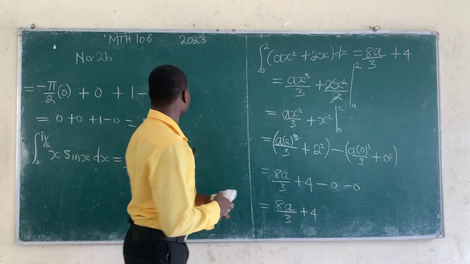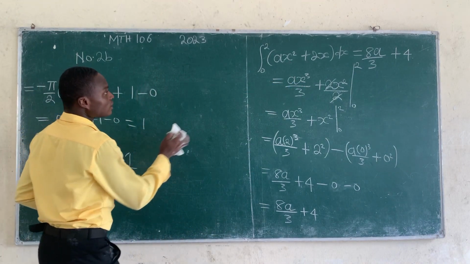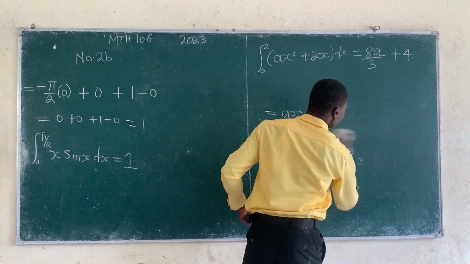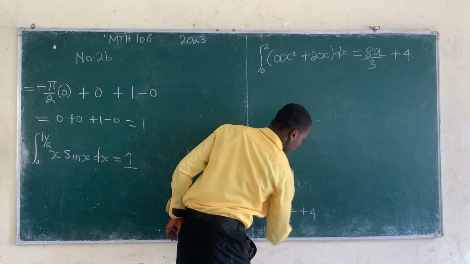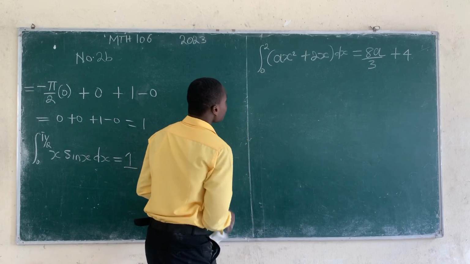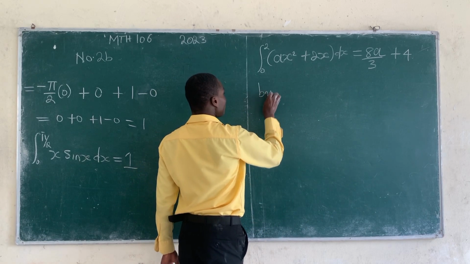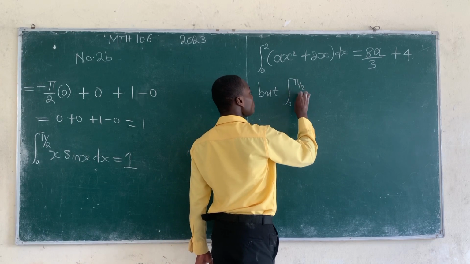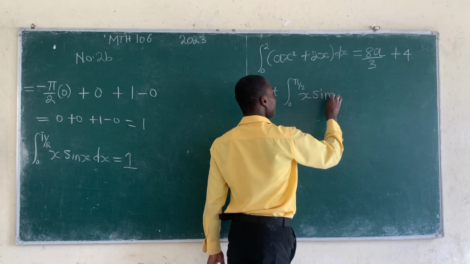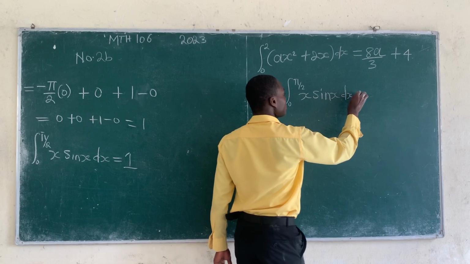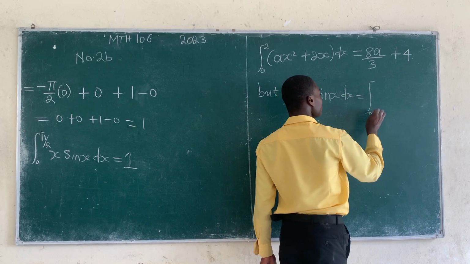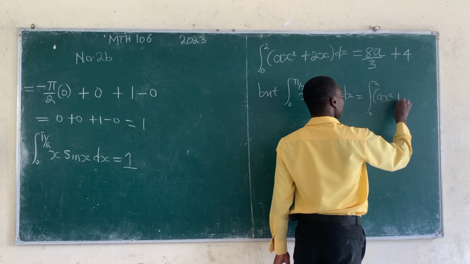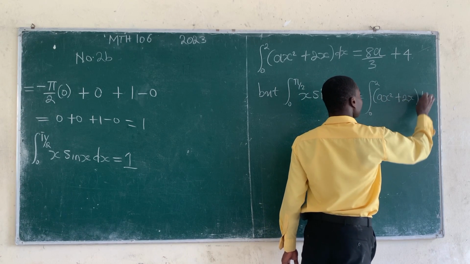But if you could remember, the question tells us that this very integral is equal to this integral. From the question, let's rewrite that very question. The integral from 0 to pi over 2 of x sine x dx is equal to the integral from 0 to 2 of ax squared plus 2x dx.